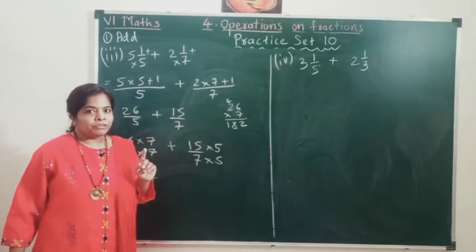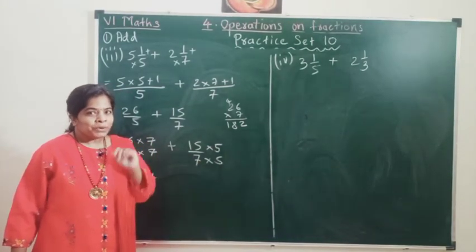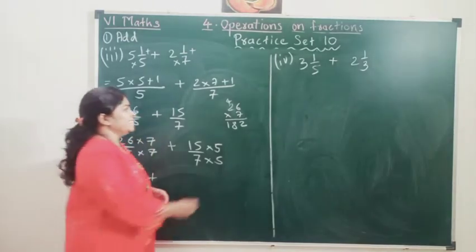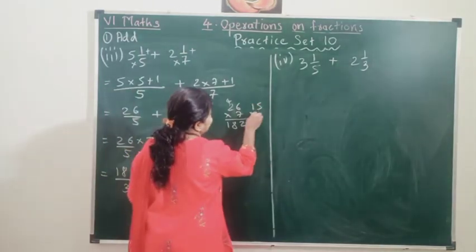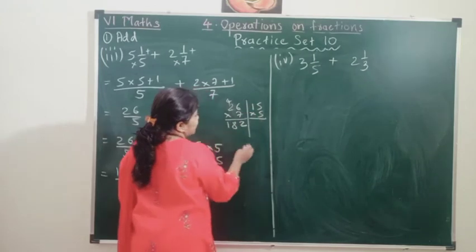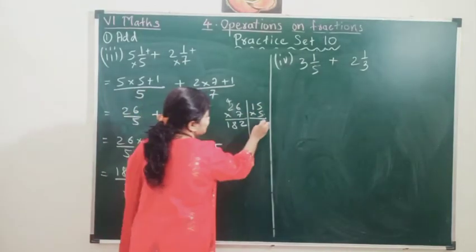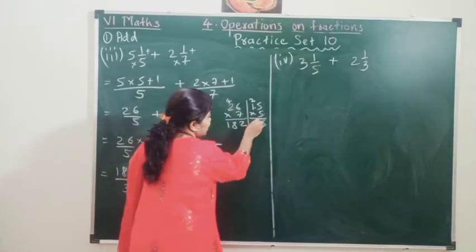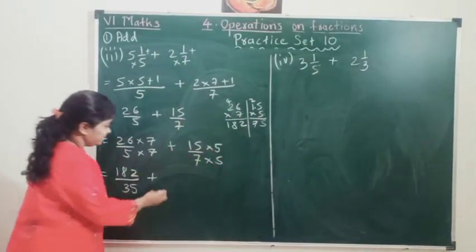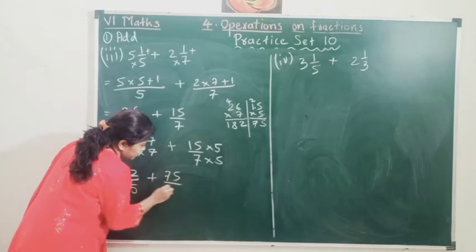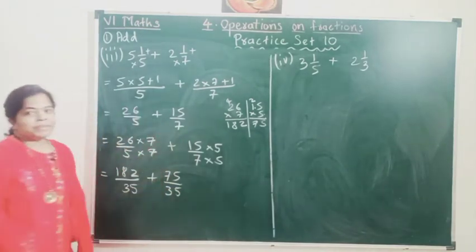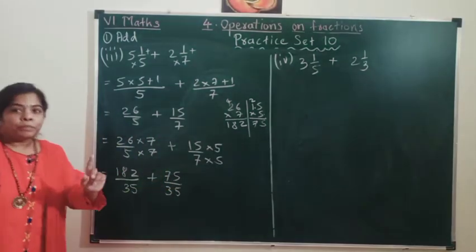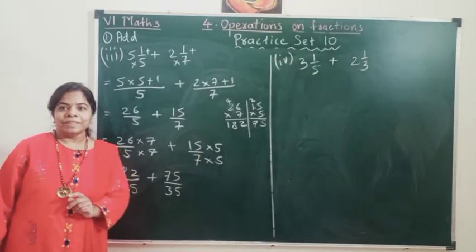How much is 15 into 5, children? Don't know? Fine. Multiply. 5 5s are 25. 5 1s are 5 plus 2, 75. 7 5s are 35. Now both the fractions have same denominator.